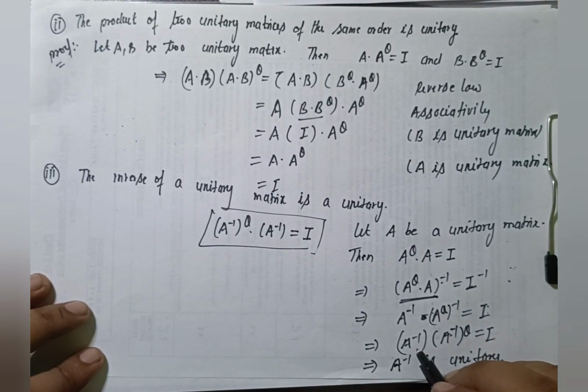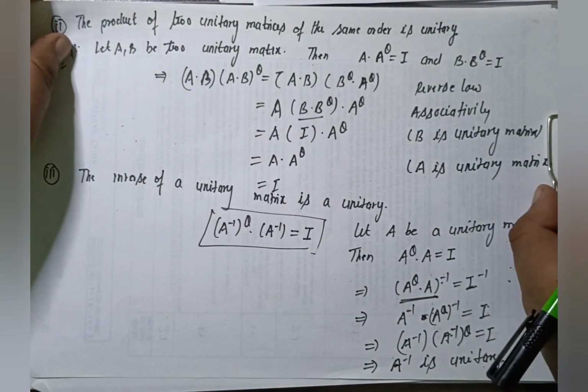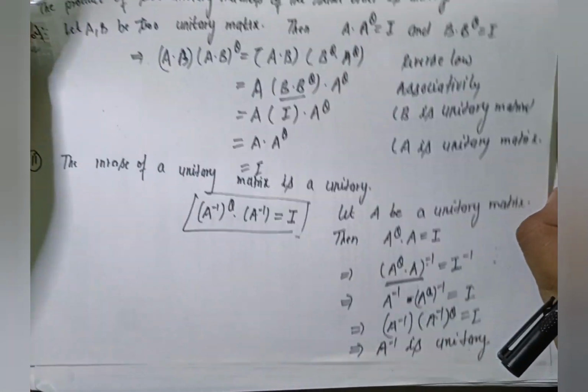So A inverse into A inverse theta equals identity. This implies that A inverse is a unitary matrix. So guys, here we have discussed complex matrix, complex conjugate matrix, conjugate transpose of a matrix, transpose conjugate of a matrix, Hermitian matrix, skew Hermitian matrix, unitary matrix and their properties.